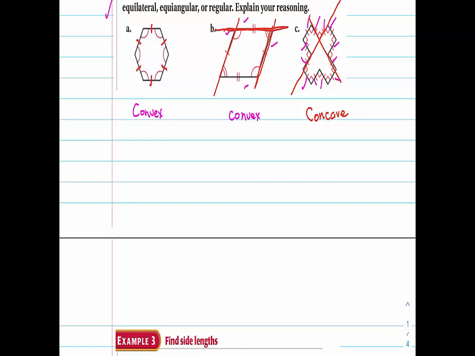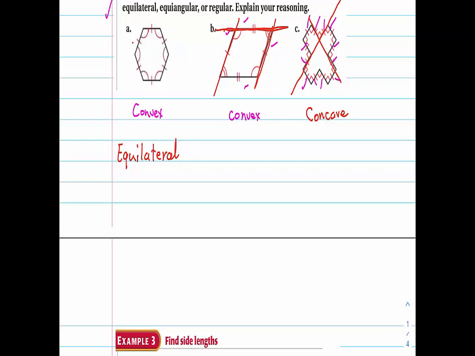So let me see, 1, 2, 3, 4, 5, 6. All 6 of these sides are the same length. So we refer to that as equilateral.